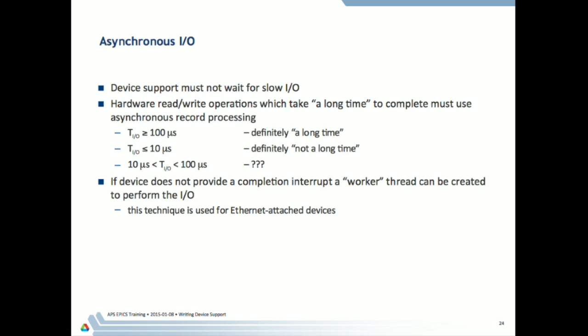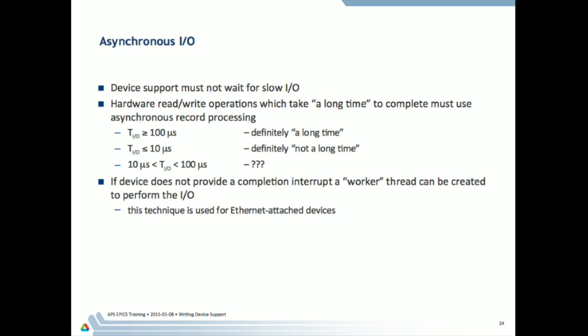Bear in mind that if you block, if you delay, then you're slowing down the record processing rates that the IOC can achieve. If you don't have a completion interrupt, then that may be a little tricky, but it's unusual to have a device that would fall into that sort of range.